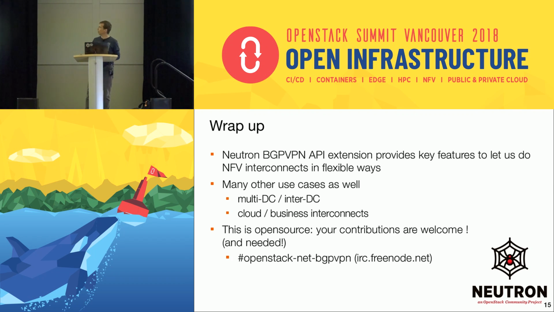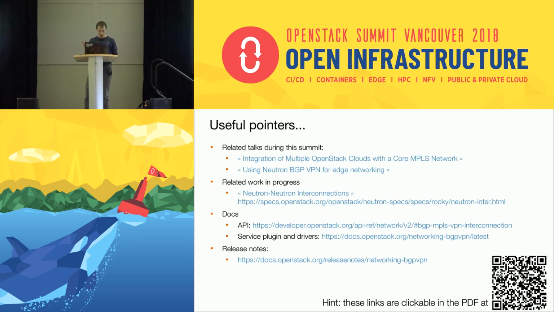Of course, this is open source, so your contributions are welcome. And they're actually needed to keep the project alive and kicking. The best way to join the people working on the project is the OpenStack Networking BGP VPN channel on IRC. That's it. I will just display on the last slide the references because this can be useful to have, especially in the video. Are there questions?